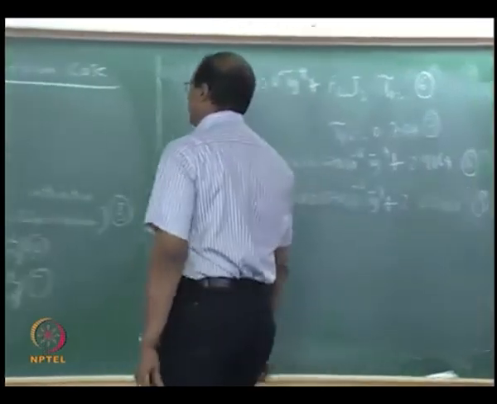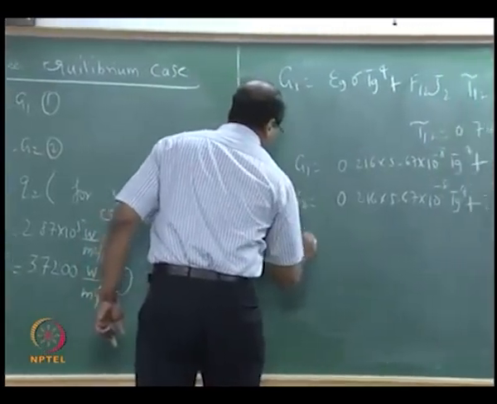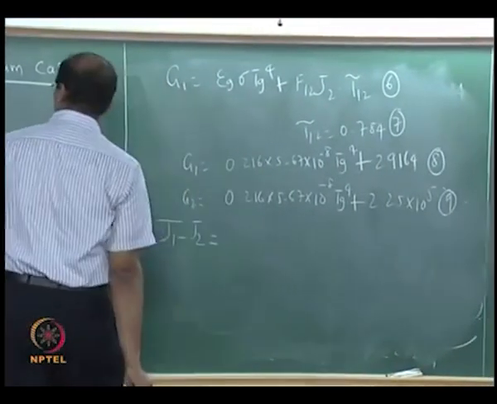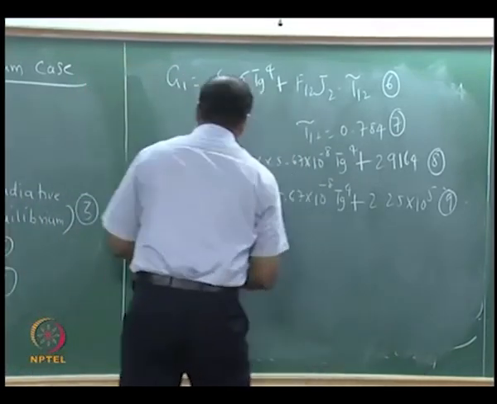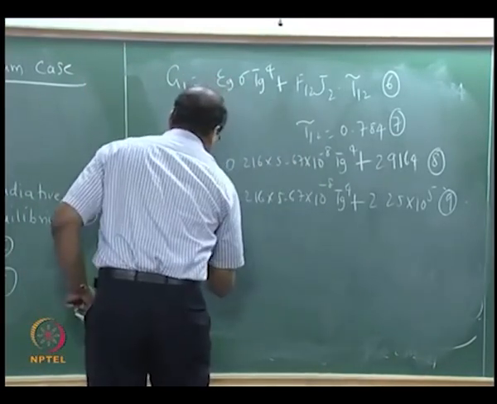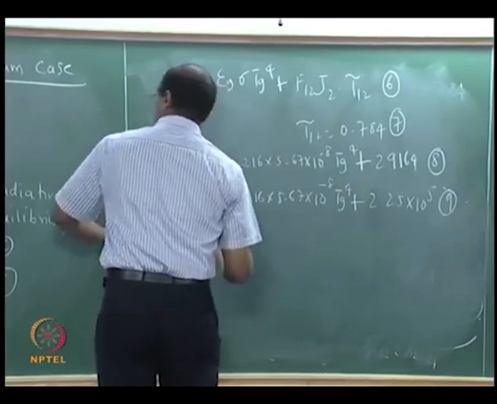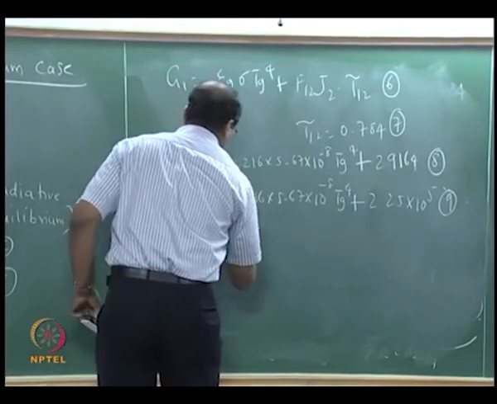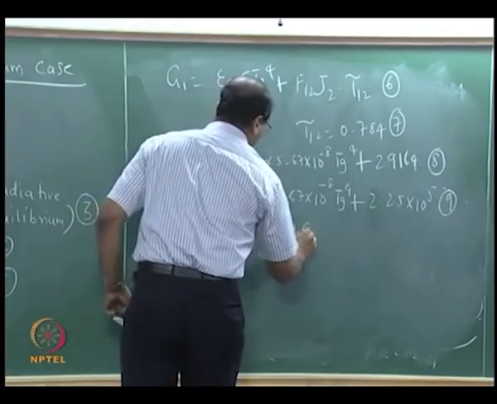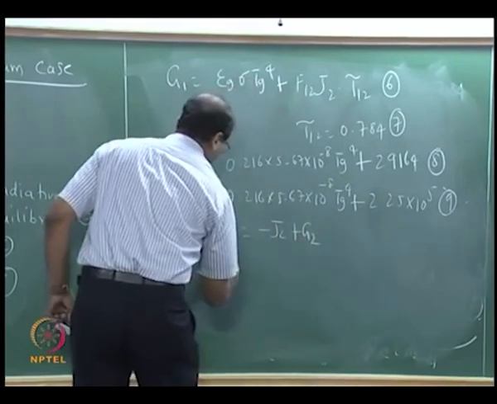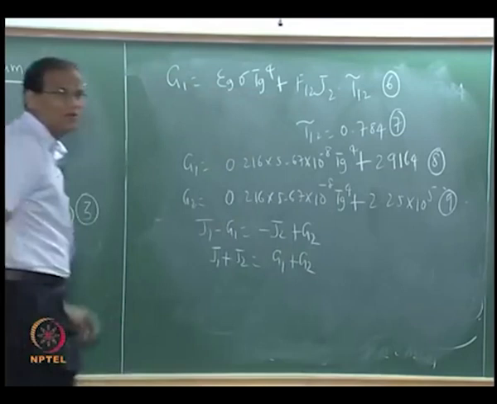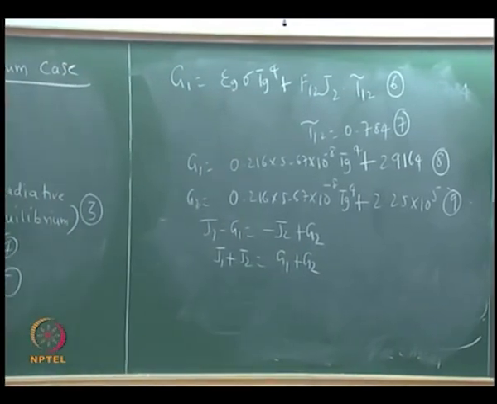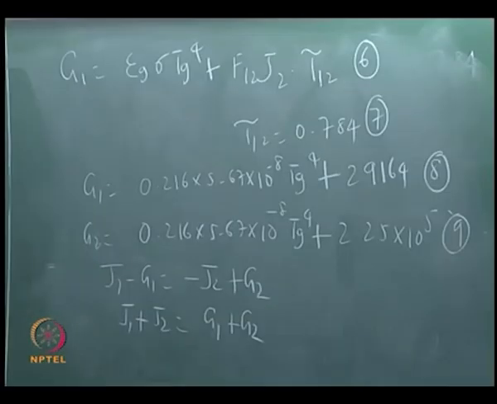Now, since Q1 equals minus Q2, J1 minus. Deepak, they are not getting cancelled, they will get added.